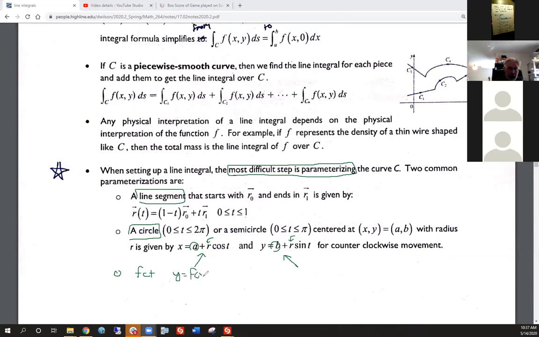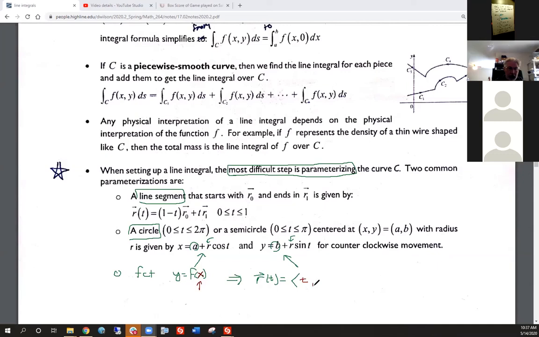If we have something like y equals f of x, what would your r of t be? In this case, we would say that our independent variable is x, so we would let t represent x.